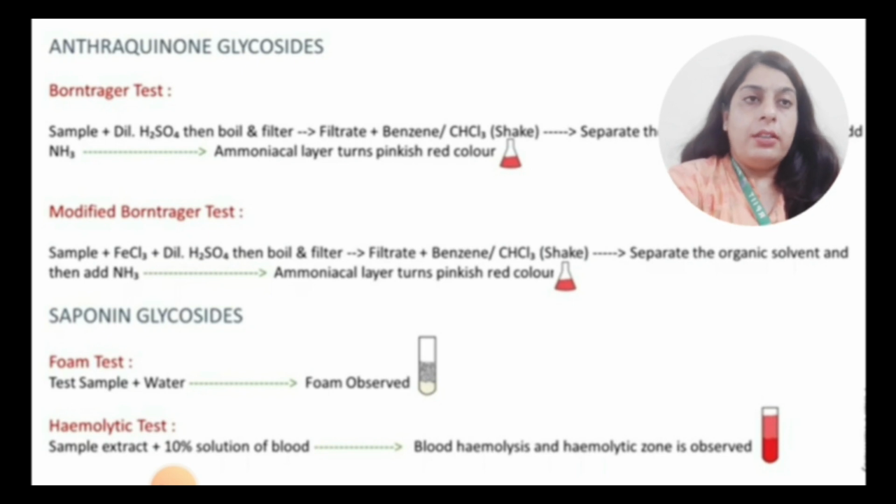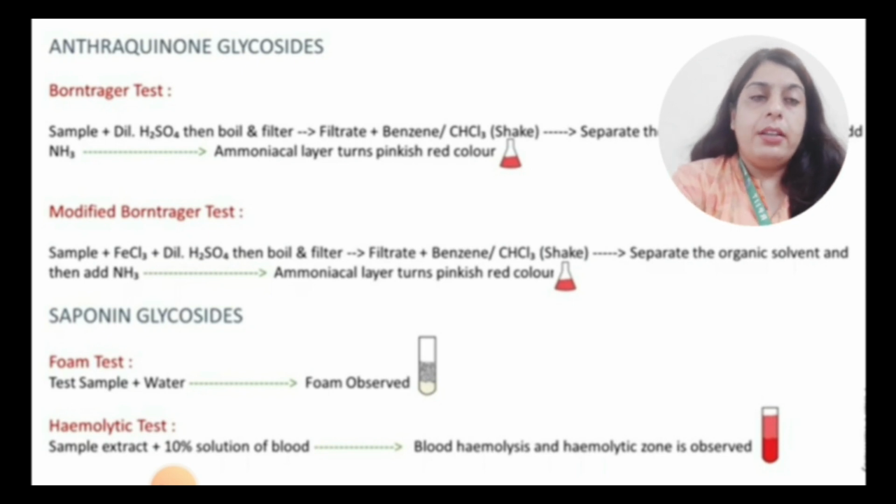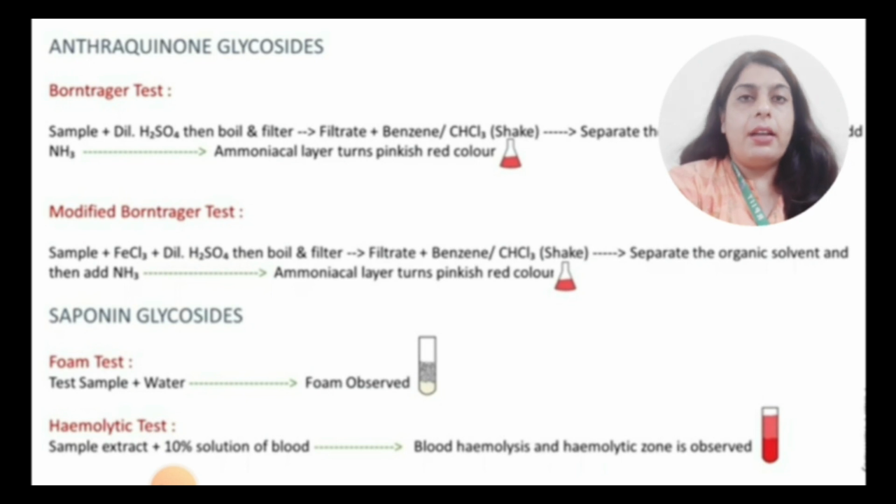Afterwards, the organic solvent is separated and ammonia is added. In this case, the ammoniacal layer turns pinkish red in color. The difference between the Bornträger and modified Bornträger tests is that in the modified test, ferric chloride is added.